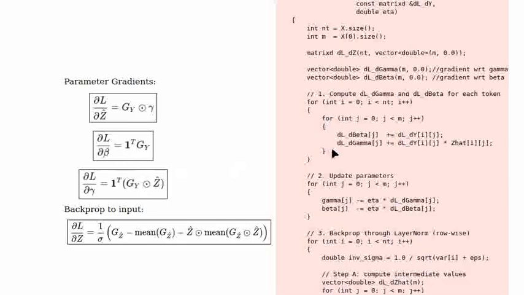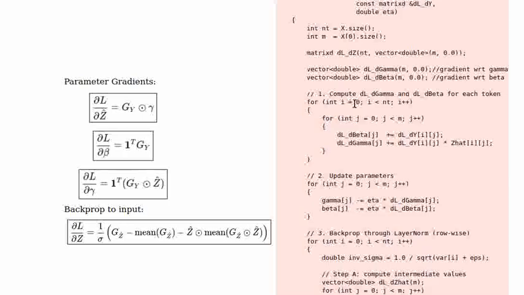So for dL/dbeta, we have to sum over the rows for all the columns. Okay. So j specifies different columns, and we have to sum over i.